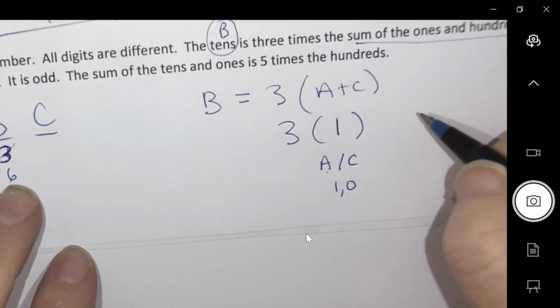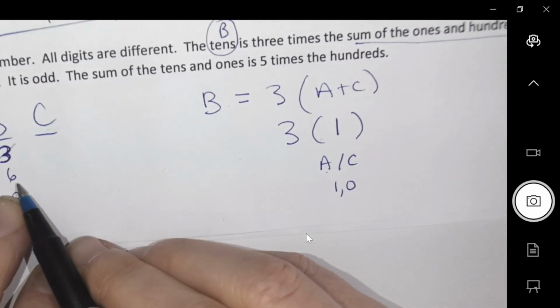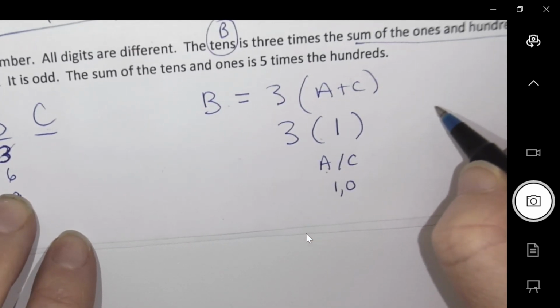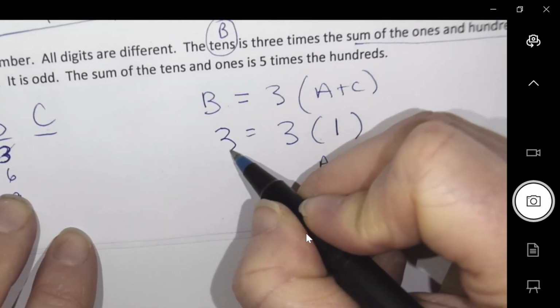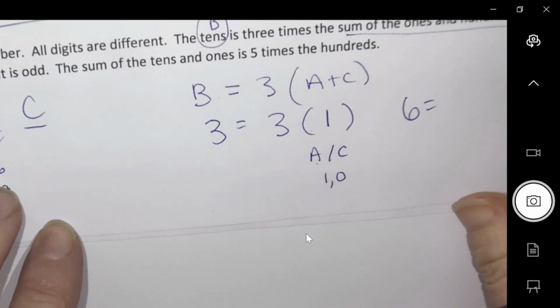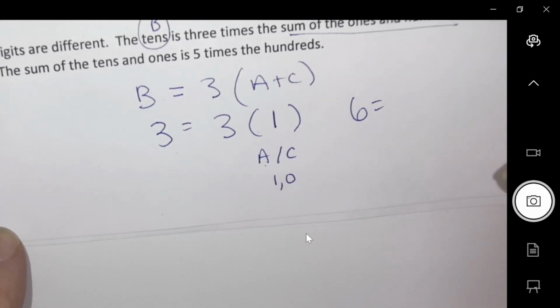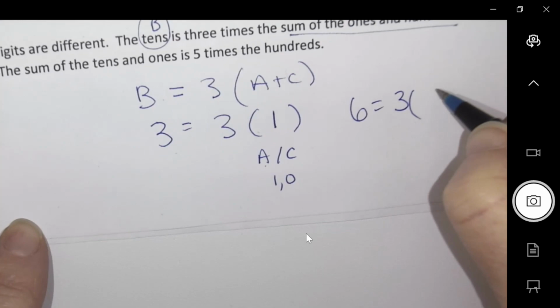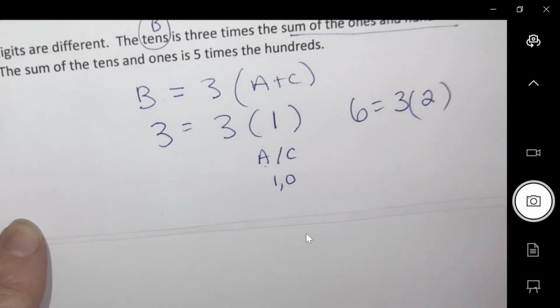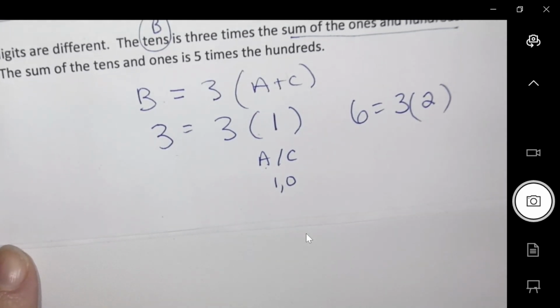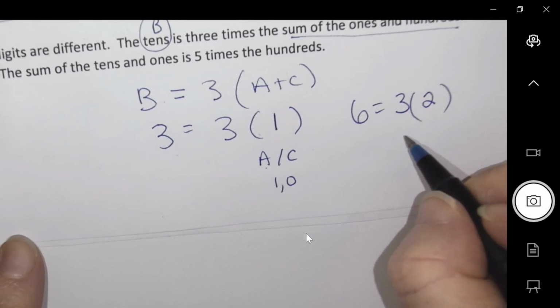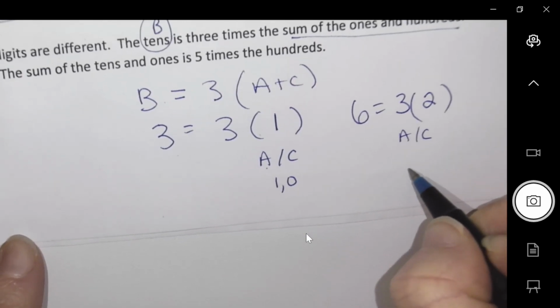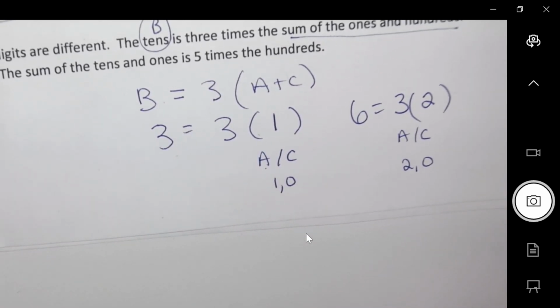What if I wanted 6? If I wanted B to be 6, that would be 3 times 2, right? Is that possible for A and C to add up to 2? They would have to be 2 and 0, right?